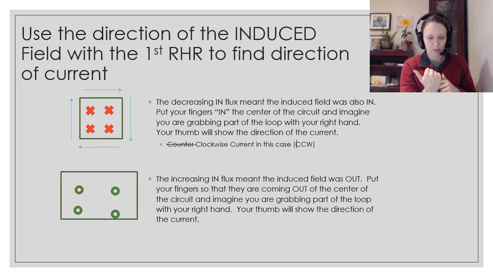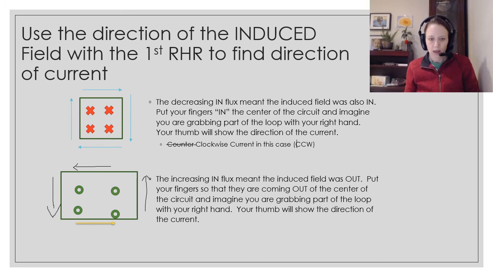Again, it's probably going to be the bottom wire for me. And my thumb is going to show the direction of the current through that wire. So this current is basically going to be going that way. If you did the other wires, you would discover, again, that current continues going in the same direction around the loop. This one actually is the counterclockwise loop as it goes around that circuit.